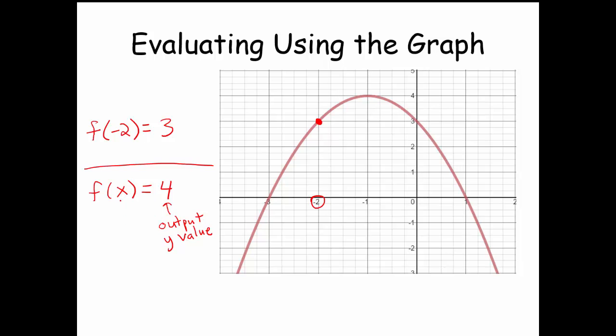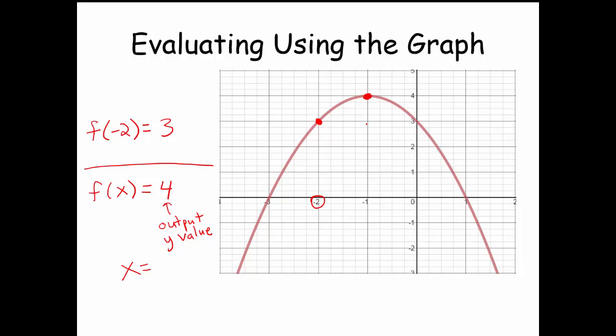I'm looking for points on the graph that have a y value of 4, and then I'm trying to figure out what the x values of those points are. So let's find points on the graph that have a y value of 4. There's only one. That point right there has a y value of 4. That's the only point on the graph with a y value of 4.